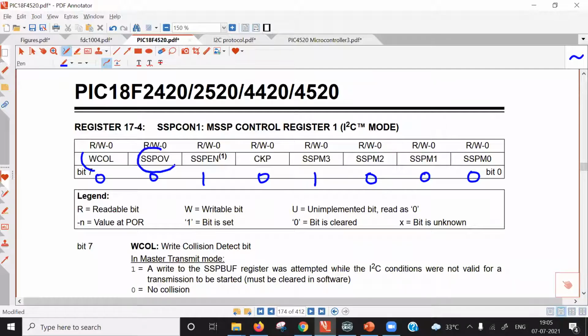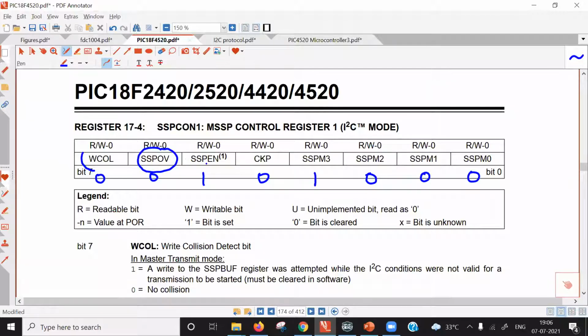That's why it is called overflow bit. That is, 1 byte is already there in the buffer register, it is not read from the program, and another byte is received in shift register. That condition is called overflow condition, and it is indicated by this bit. When this bit is 1, overflow has occurred, and when this bit is 0, there is no overflow.